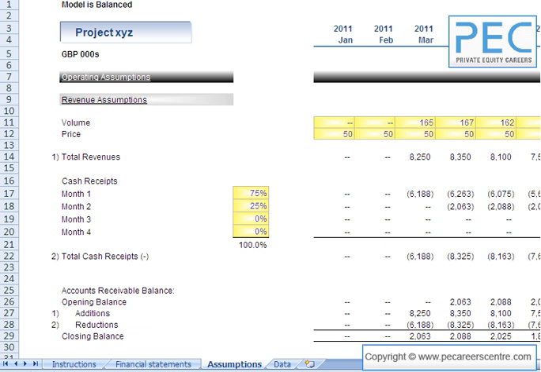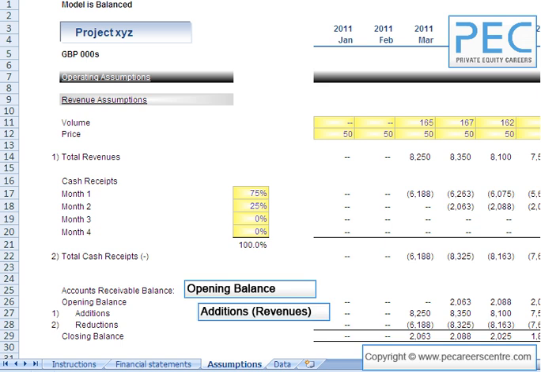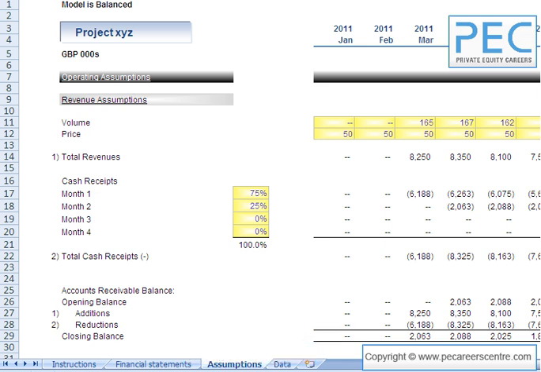The account balance will always have the same structure. Opening balance. Increases, in this case revenues. Reductions, in this case cash collections, and closing balance. We can now link the relevant lines into the financial statements.